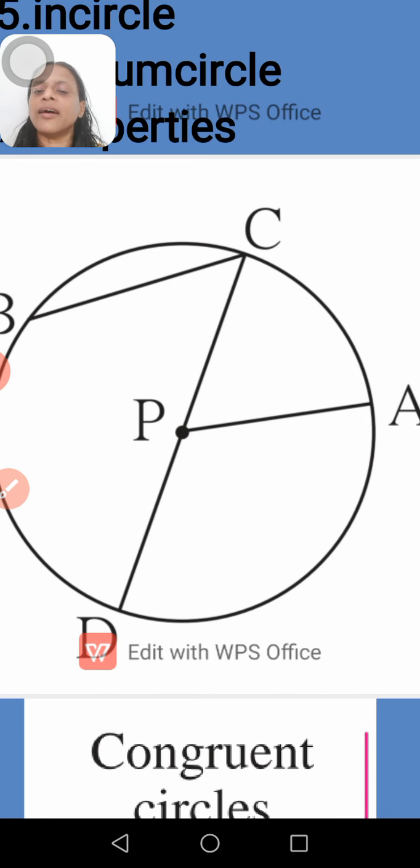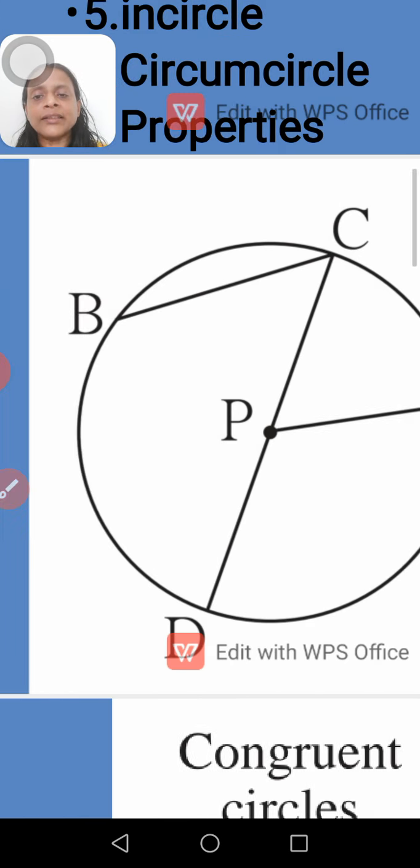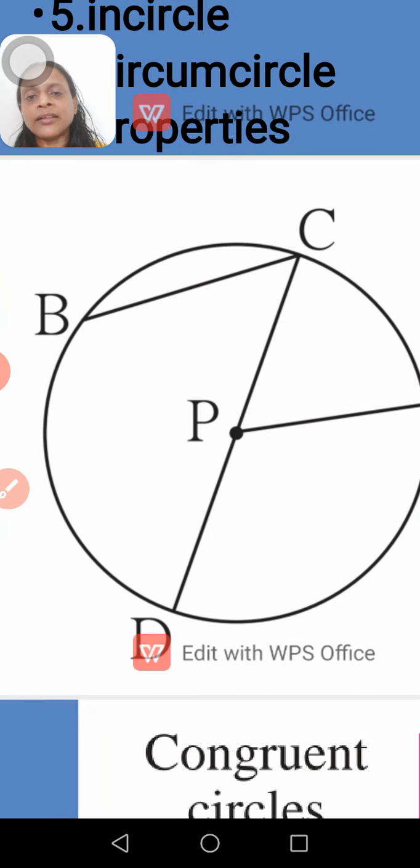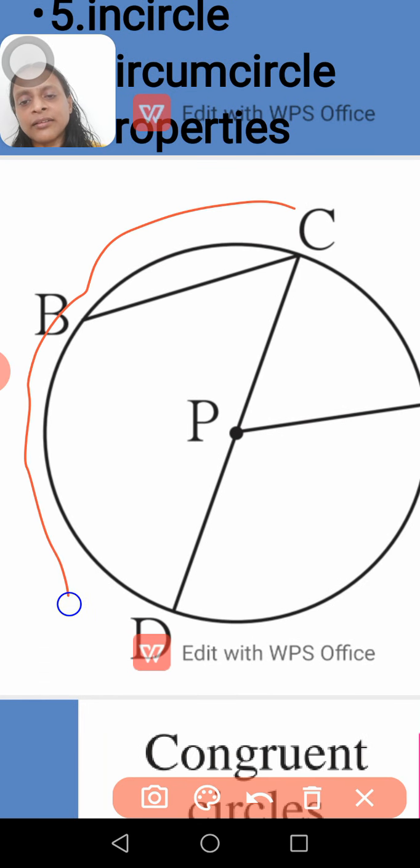The minor arc we will deal with first. Consider the arc BC. From seeing the figure itself, you can understand that arc BC is less than the semicircle CBD. Can you see here CBD semicircle? This is the semicircular arc CBD.